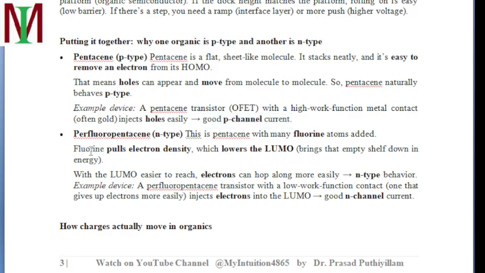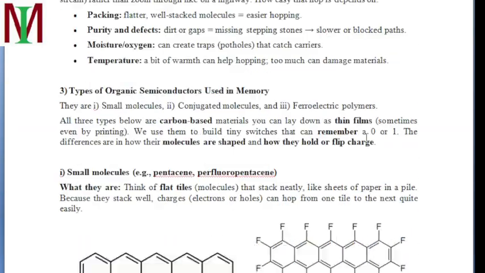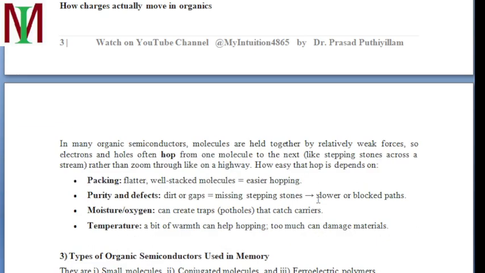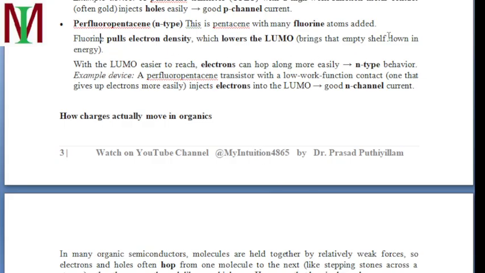Now let us think about perfluoropentacene, that is n type, with the fluorine atoms added. That structure I have already shown. This is the perfluoropentacene. Now the fluorine will pull electron density. The structure of fluorine you might have studied in lower classes.